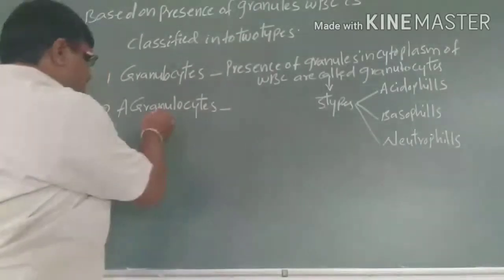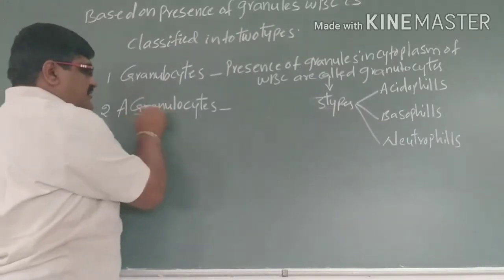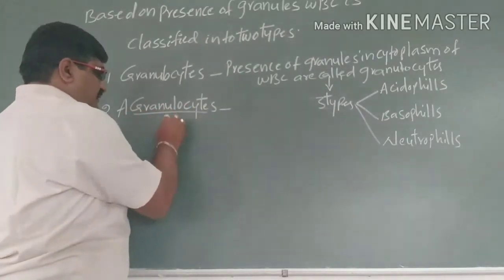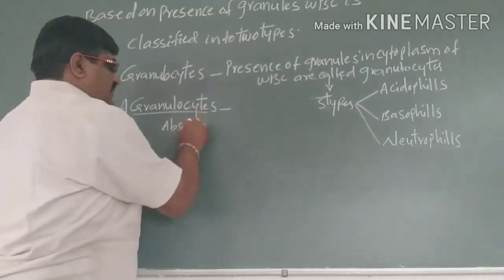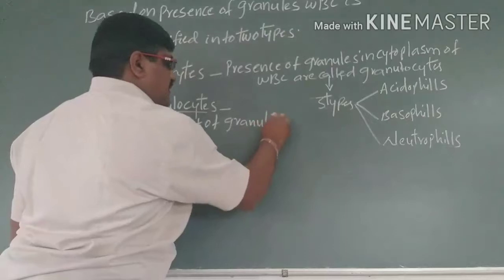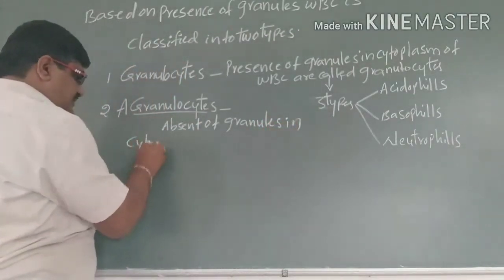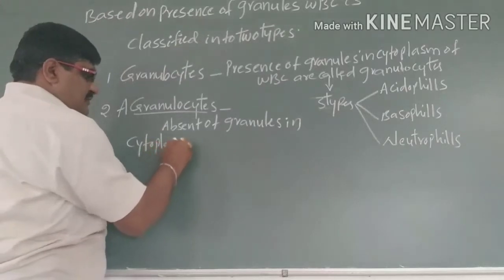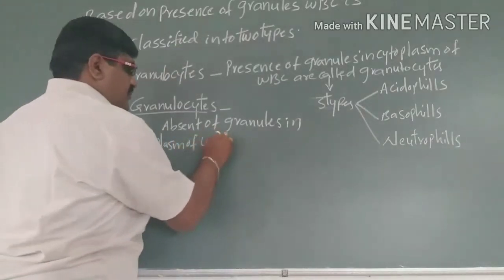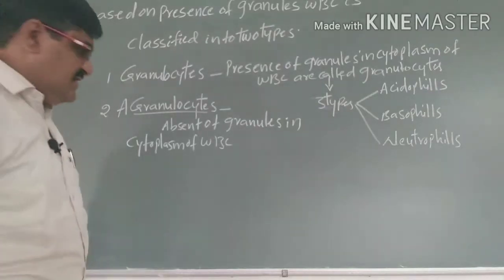Next, the absence of granules. What are agranulocytes? The absence of granules in the cytoplasm of a WBC is known as agranulocytes.